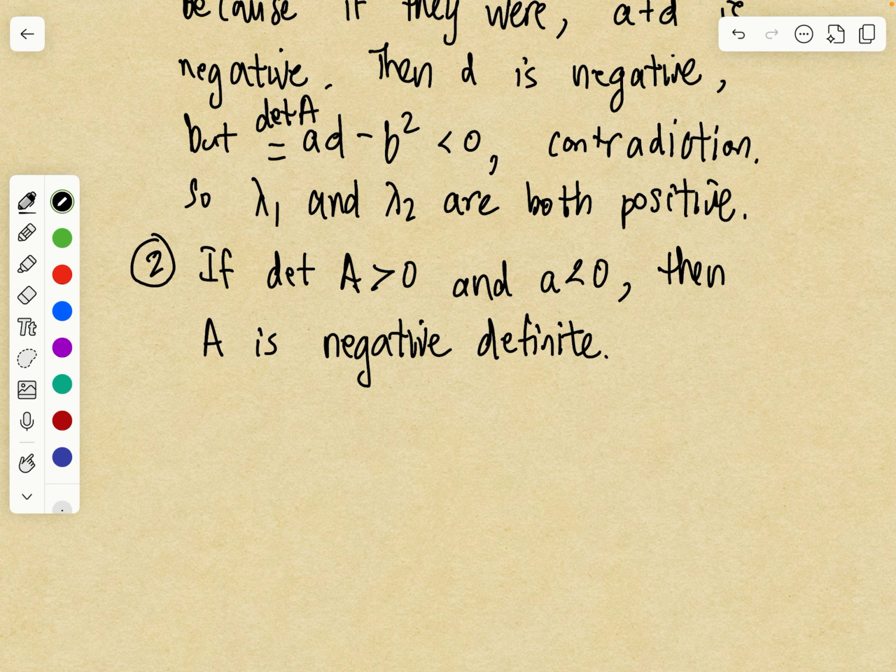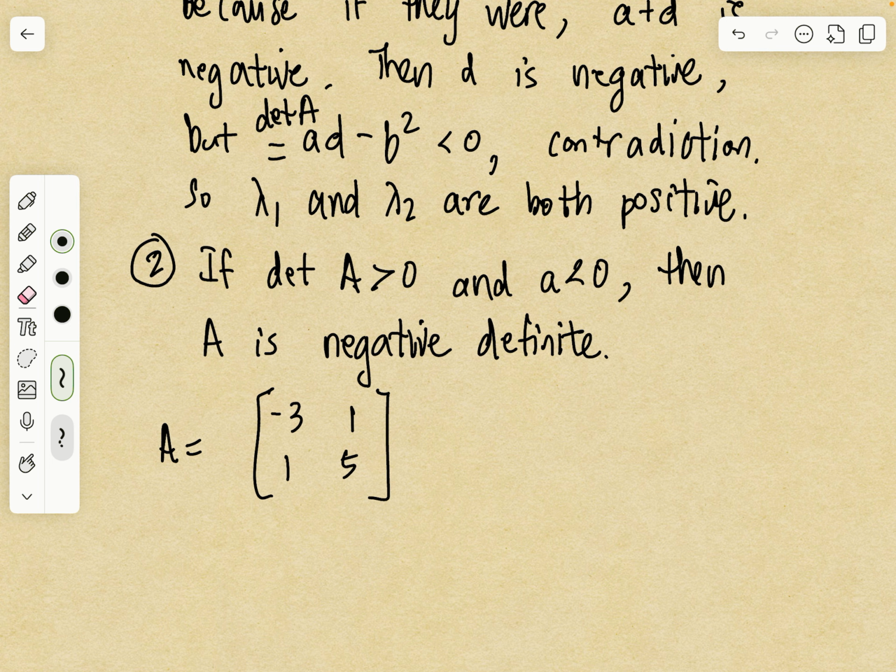Okay. So for instance, if you had something like -3, 1, 1, 5, right? This top left entry is negative, but the determinant is not positive. Let's change this 1 to be like, let's see.